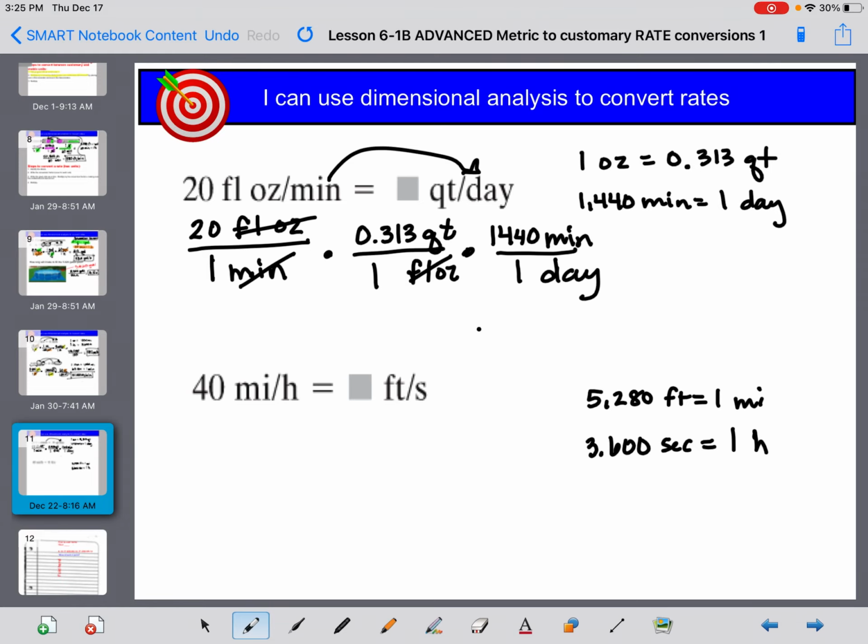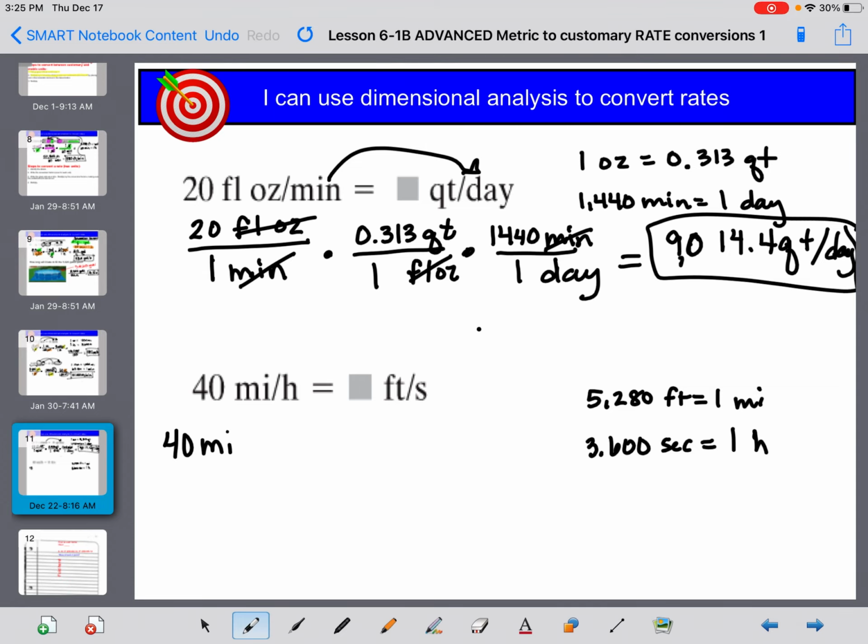Okay, then I'm ready to cross off minutes and minutes. Now I multiply across. 20 times 313 thousandths times 1,440, and I get 9,014 4/10 quarts per day.